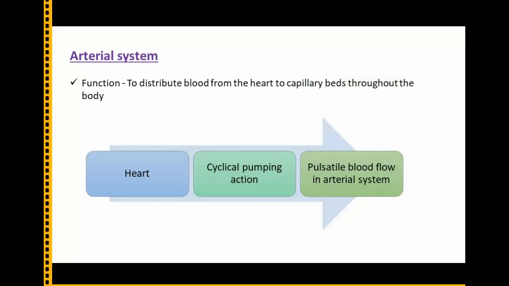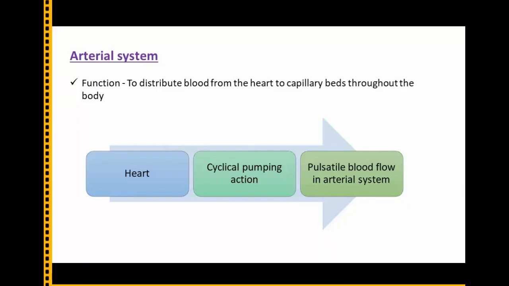Okay. So, let us go to the arterial system. It is the arterial system, all are tubes, from aorta to arterioles. The function of the arterial system is to distribute blood from the heart to the microcirculation.